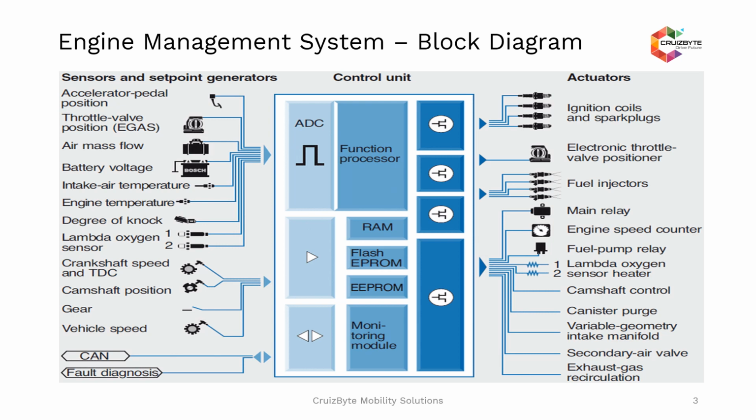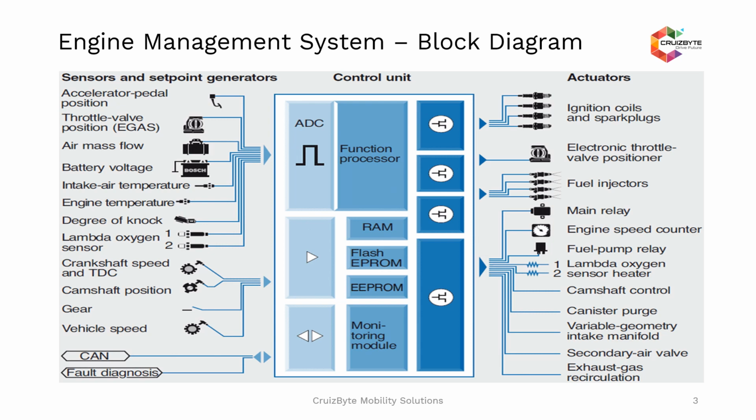A few key sensors in the engine management system are the accelerator pedal position sensor, throttle valve position, air mass flow sensor, battery voltage, engine temperature, crankshaft and camshaft sensors, as well as vehicle speed and CAN signals on the left hand side.